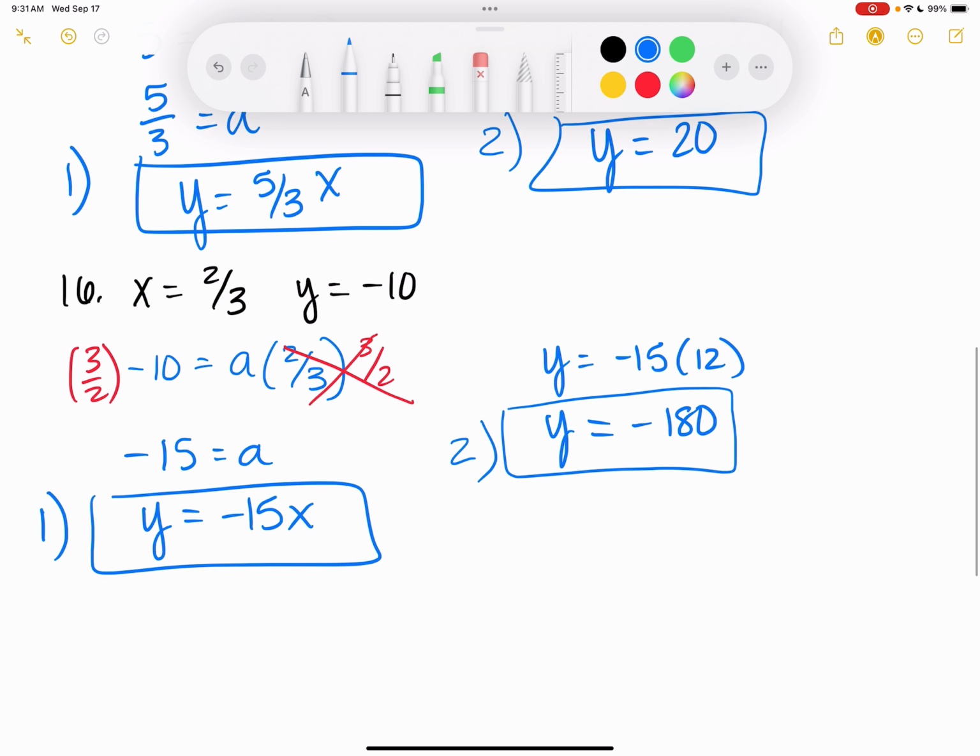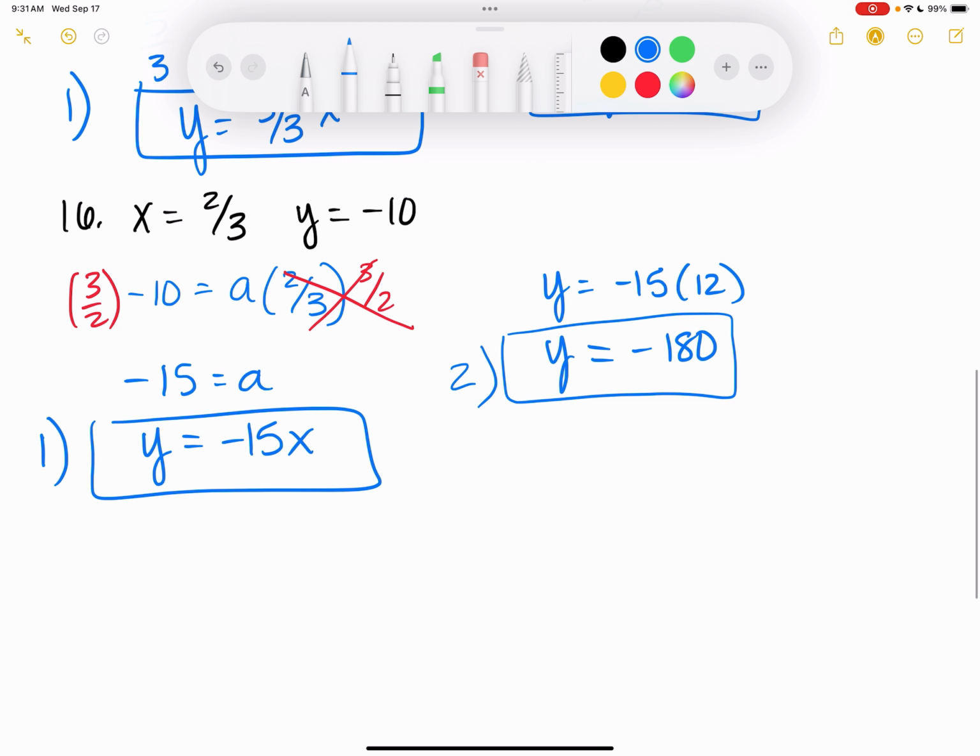Tell whether the equation represents direct variation or not. 20. 3y minus 7 equals 10x. So we need to get y by itself, and that's going to help us determine if it is direct variation or not.